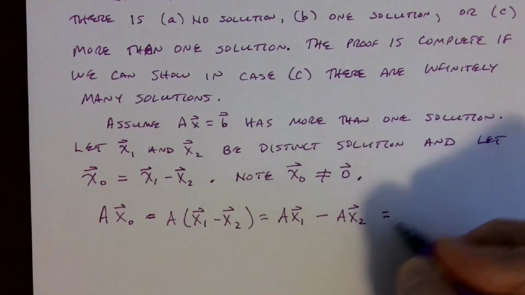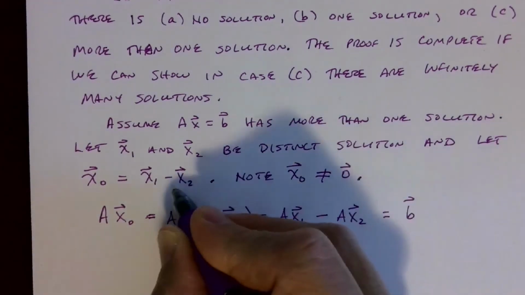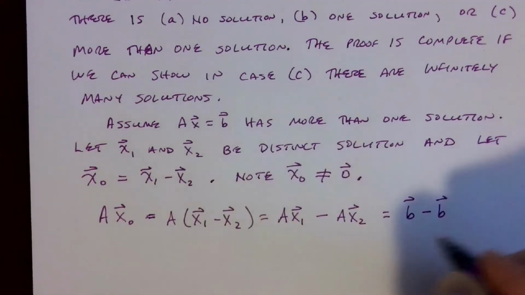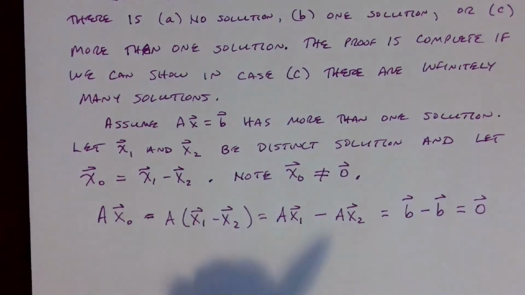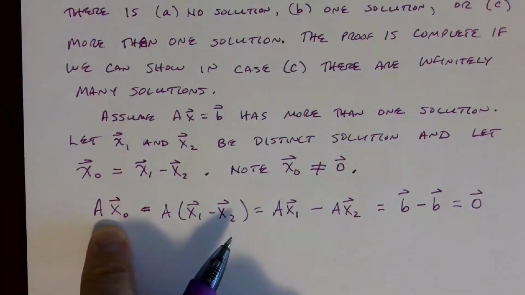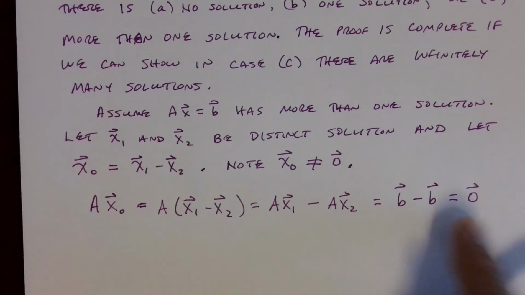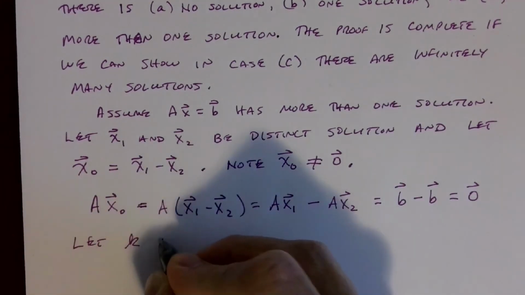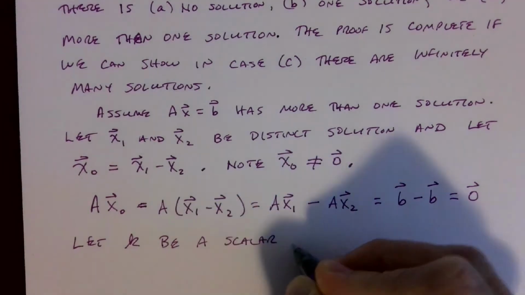And what's A times x sub 2? Same thing. x sub 2 is also a solution, so A times x sub 2 is B. And B minus B is, of course, the zero vector. So what I'm showing is this new x sub 0 is a solution to the homogeneous system AX equals 0. Okay. Now, let k be any scalar, any real number in this case.